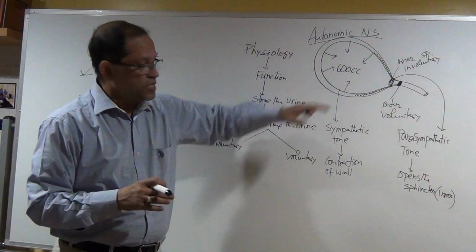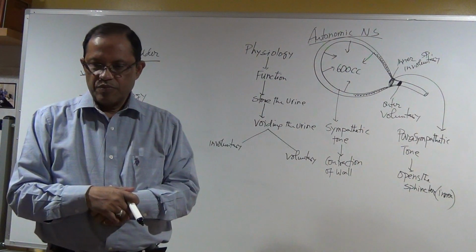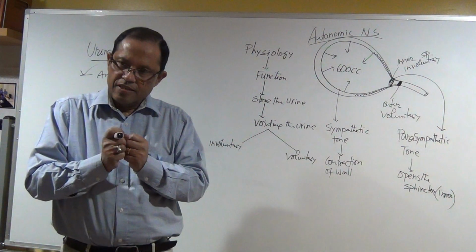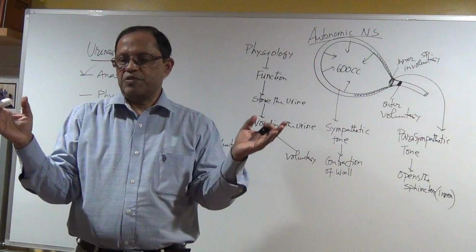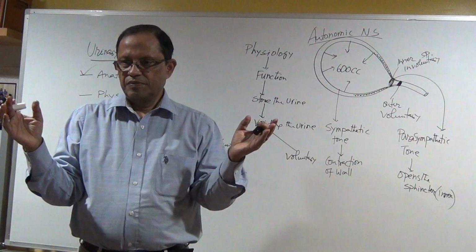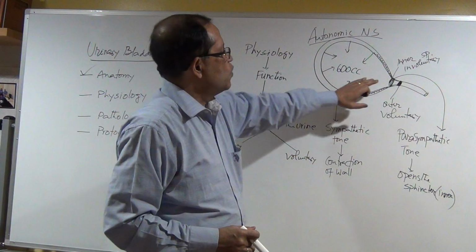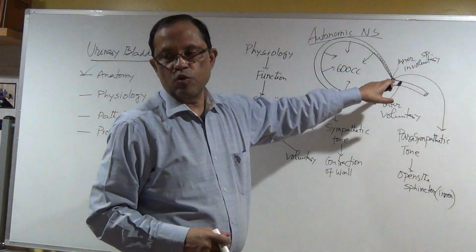So this is during the act of voiding. What happened? Sympathetic contracts and parasympathetic in the sphincter, it opens. Okay? So now, when it opens, the internal sphincter will open.